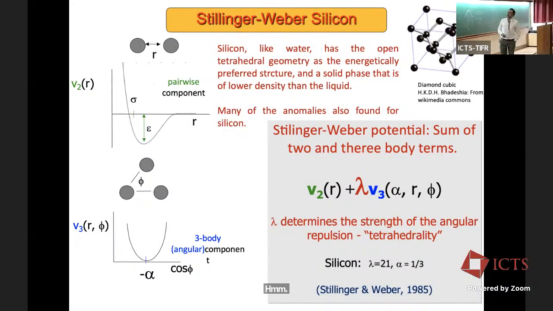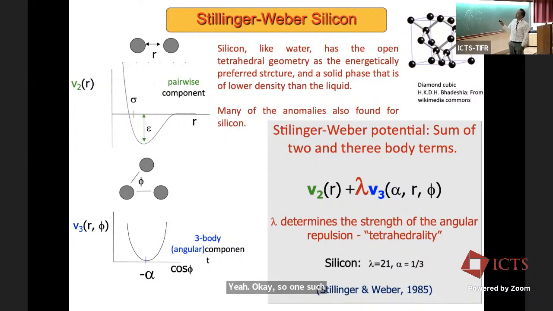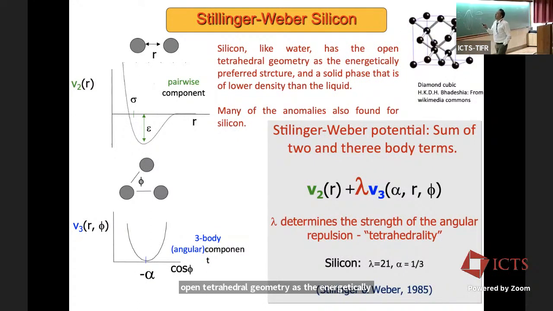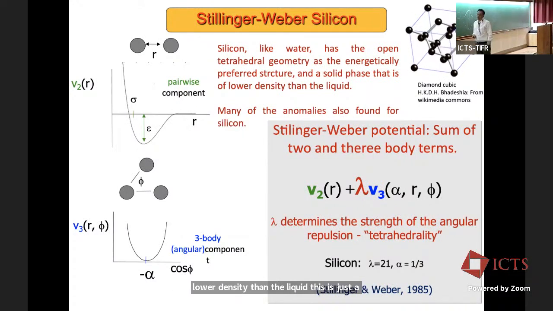Yeah, okay. So one such substance that we have been interested in is silicon, which, like water, has an open tetrahedral geometry as the energetically preferred structure, and a solid phase that is of lower density than the liquid. This is just a cartoon of the diamond cubic lattice structure that silicon has.